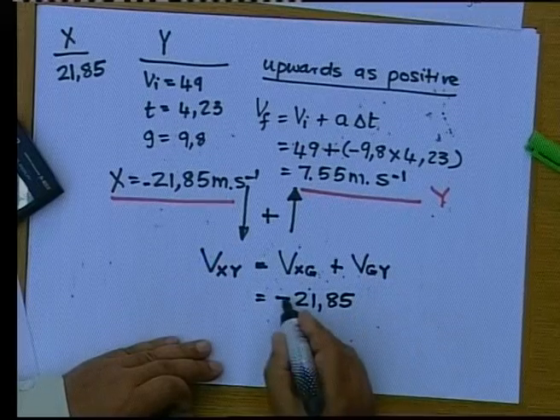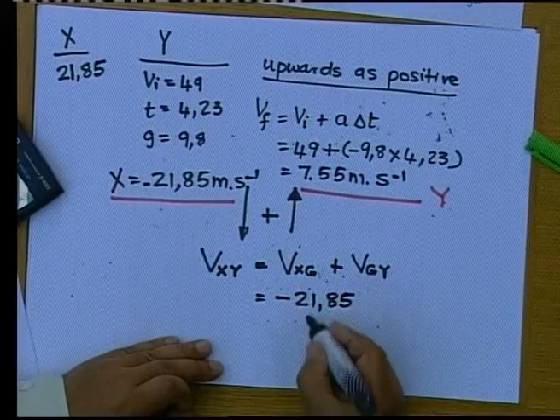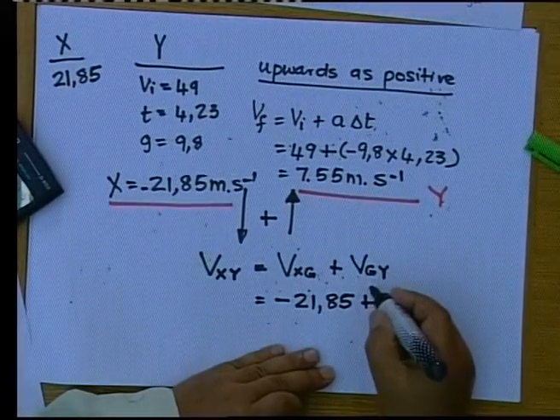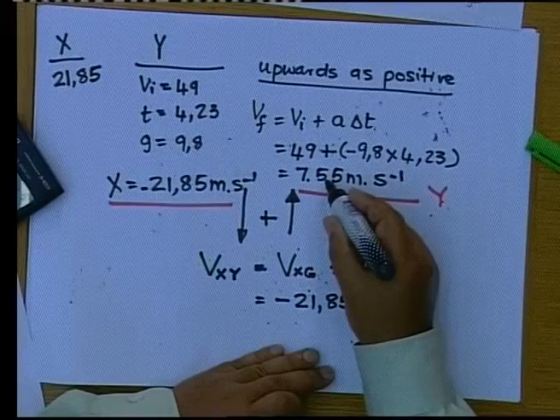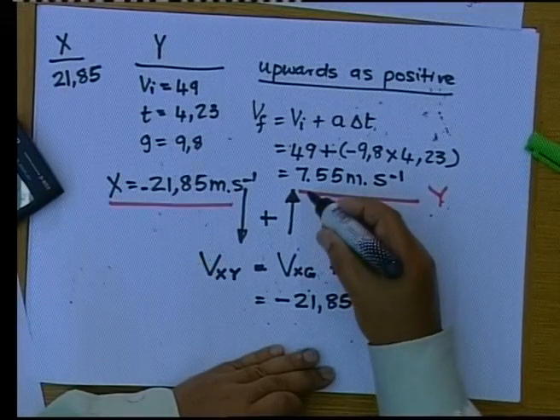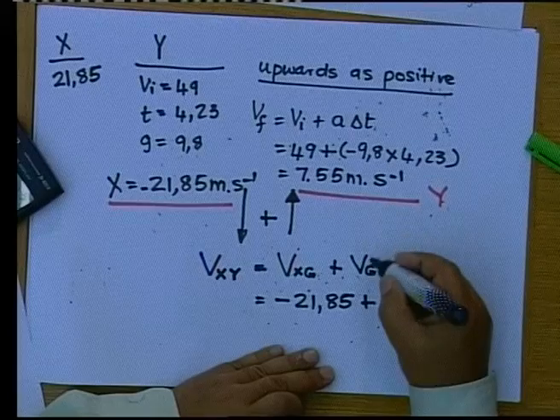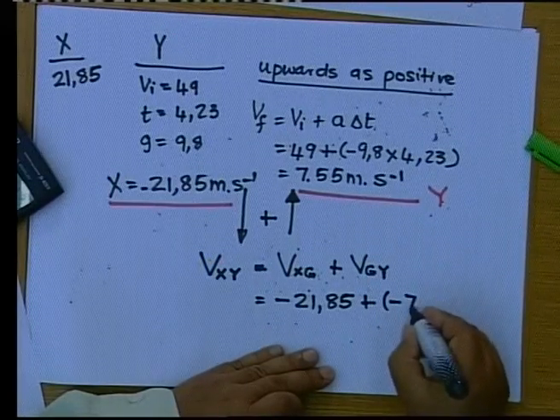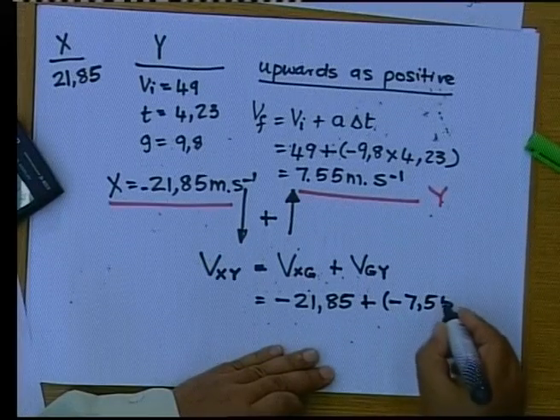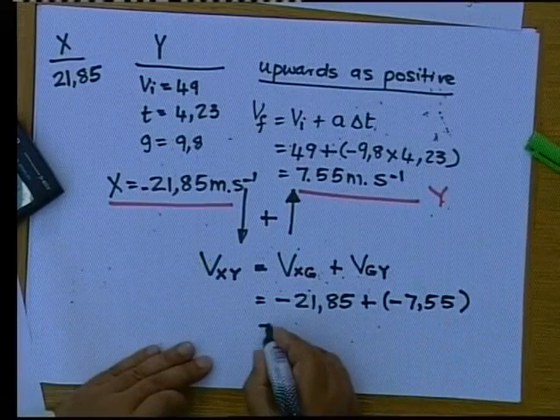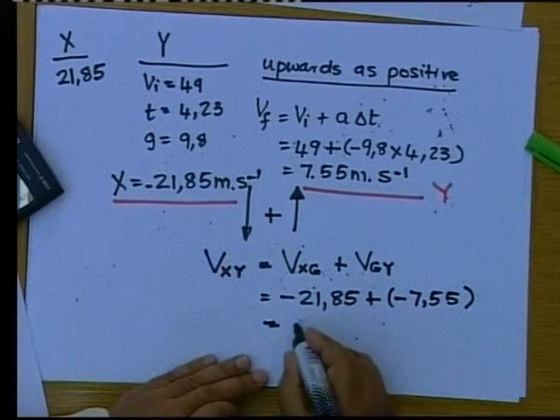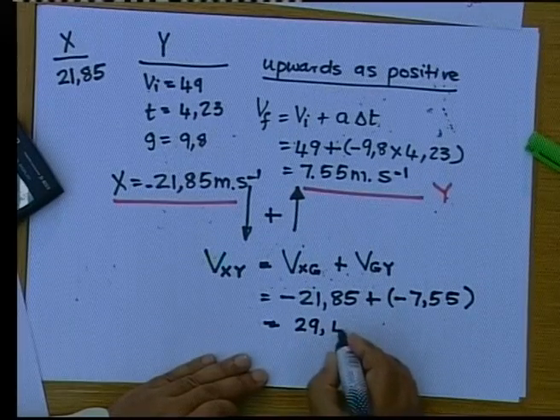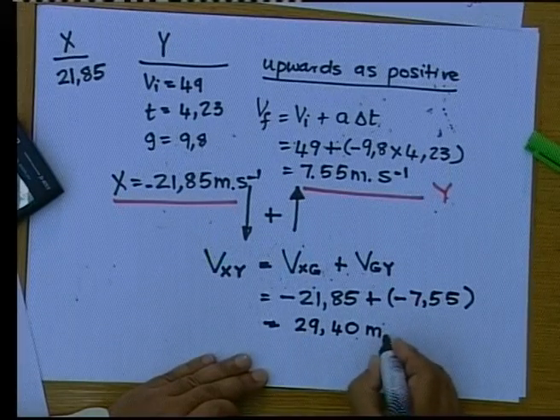Remember, downwards was negative, and this is X to the ground, plus, and this one, Y to the ground was 7,55 from Y, but now because it's upwards and I change it around, I now get negative 7,55. And then, of course, if I add these two together, I should get, let me see, 29,40 meters per second.